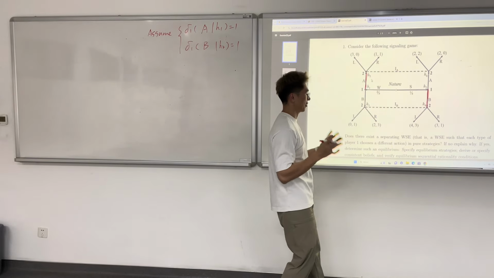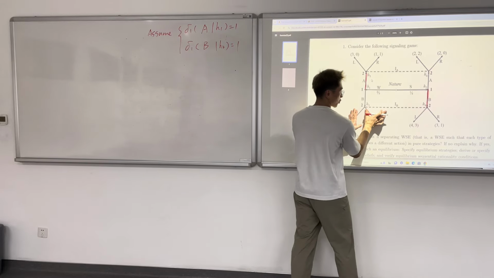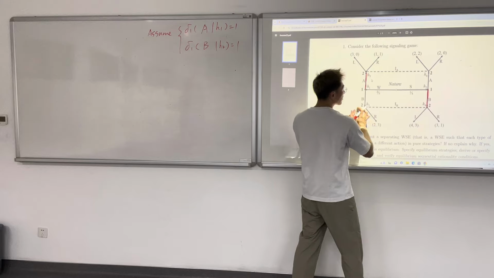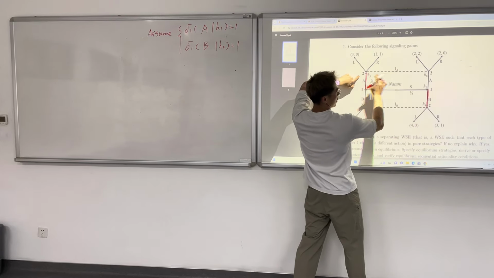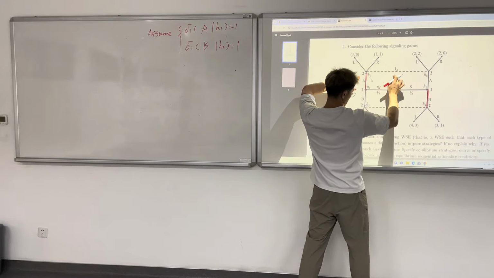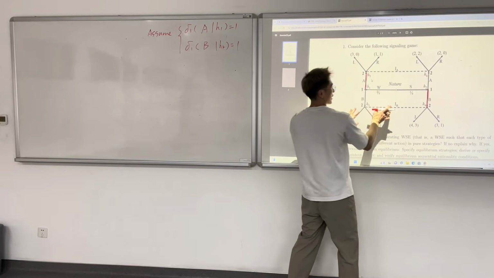And given this assumption, we need to find out what will be the action profile of player 2 in the information set IB, and also what is its action profile in information set IA. Okay? Now let's first look at IB.